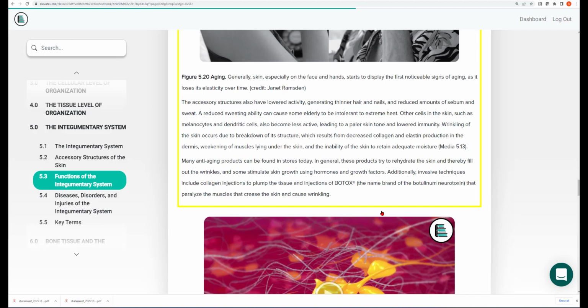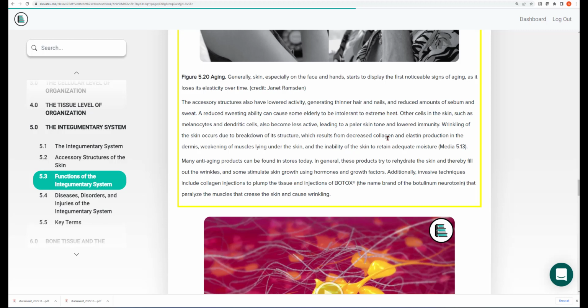And so the collagen production decreases, the elastin protein production decreases. This leads to thinner skin that is not as strong and is not as elastic. And then finally, within the skin, there are fewer Langerhans cells, and so we have lowered immunity function as well.